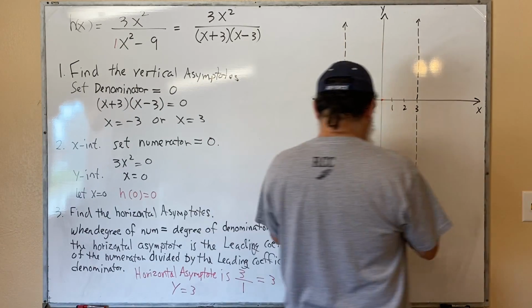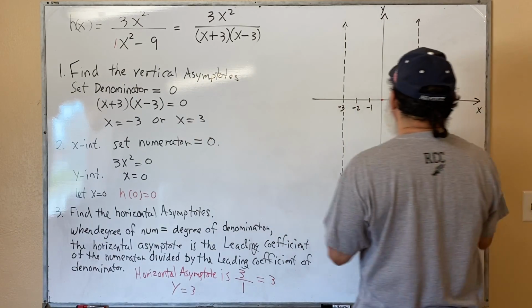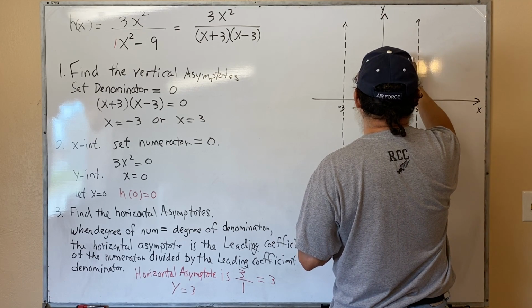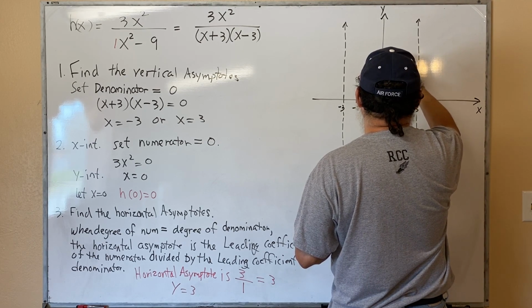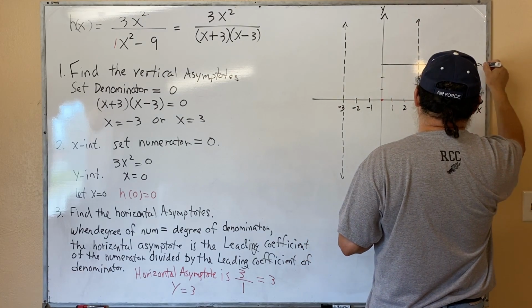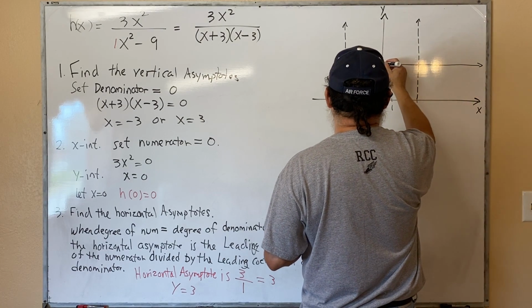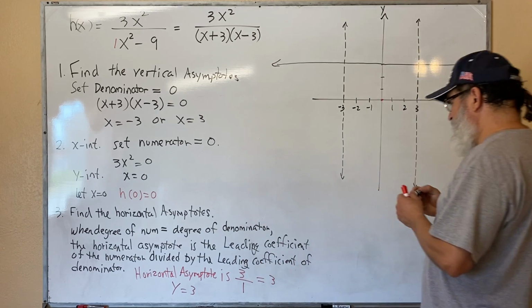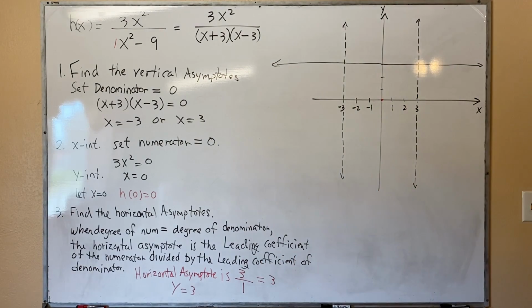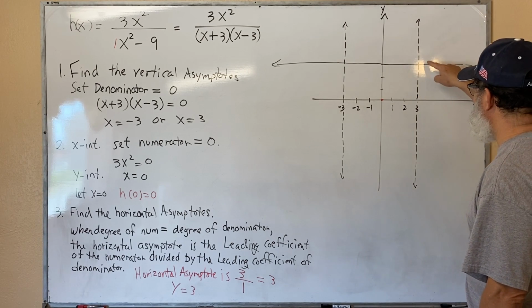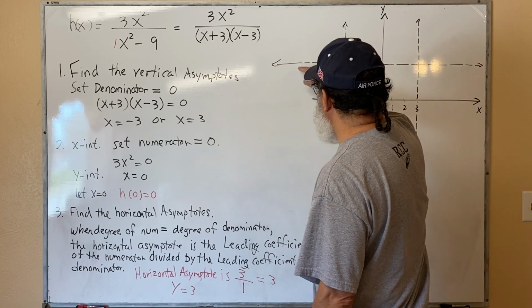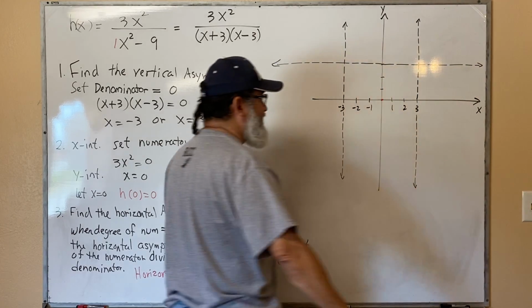Y equals 3 is right there. 1, 2, and 3. And that's the horizontal asymptote. All right, it's horizontal.